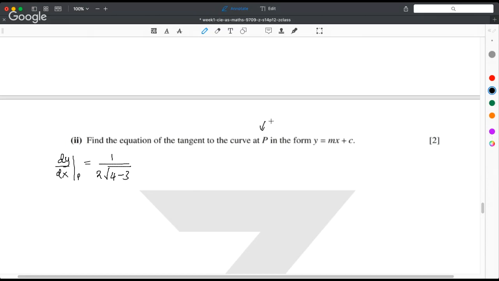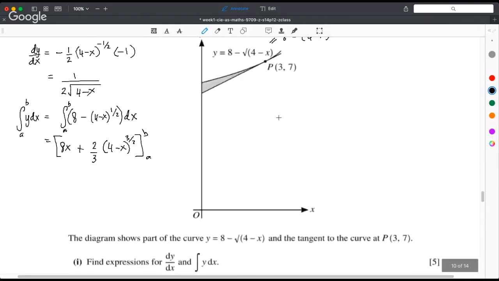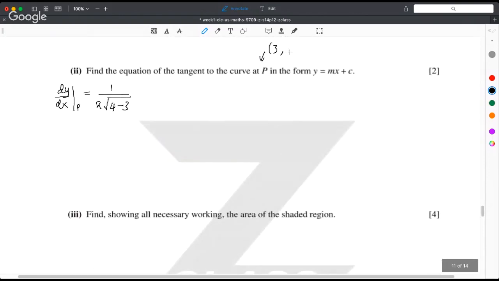So p is (3, 7). And this is equal to a half. So we know that the gradient of the tangent is equal to a half.